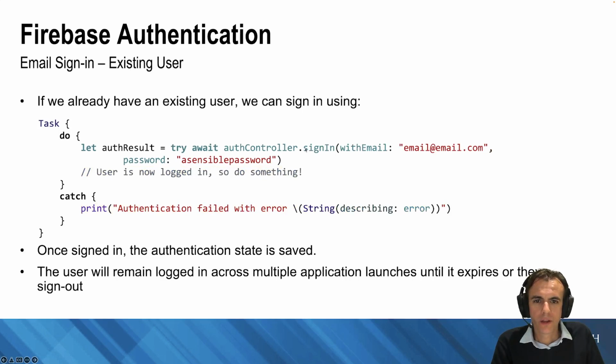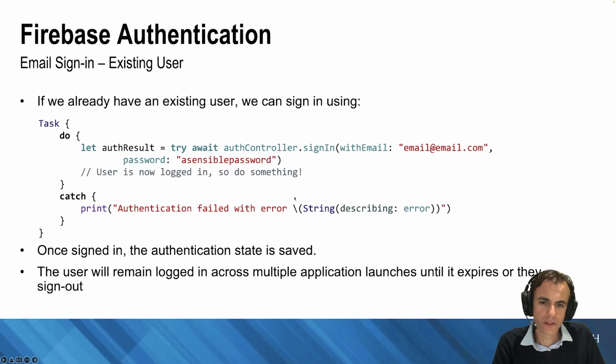If you are signing in a user any other time apart from account creation, there's a method of the auth controller called sign-in. Again, it's an asynchronous method, and we provide the username and password, and it can either throw an error if, for example, the username and password are wrong and don't match, or if you get to this point, the statement following without any error being thrown, then you have the auth result and the user will be logged in.